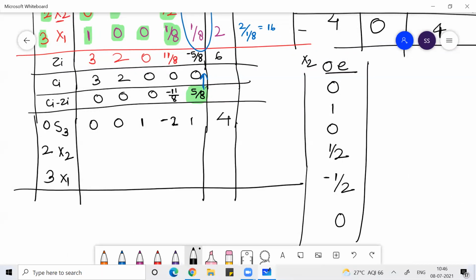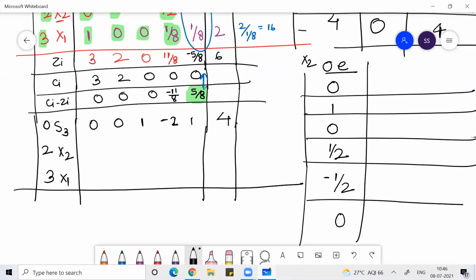These are the old elements. And the new element is the S3 value you got. Those are 0, 0, 1, minus 2, 1, 4.